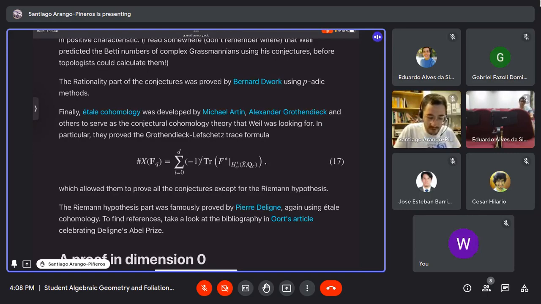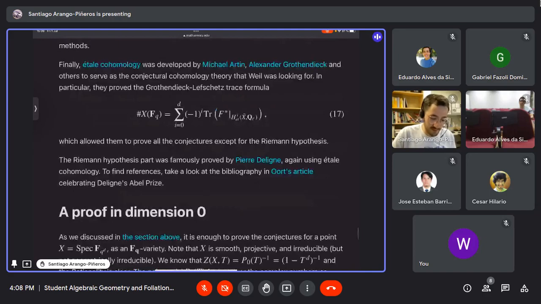So the number of points over F_q can be calculated as this alternating sum of the trace of Frobenius acting on étale cohomology. And this formula allowed them to prove the first three conjectures, except for the Riemann hypothesis, that was perhaps the hardest part. And this was finally settled by Pierre Deligne.